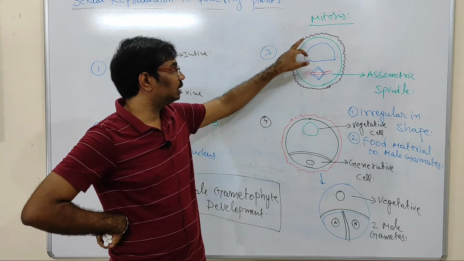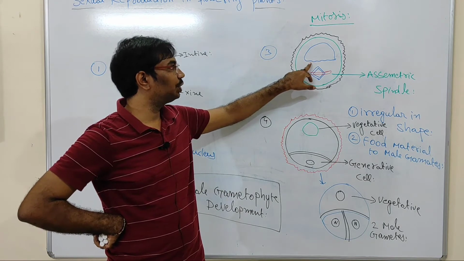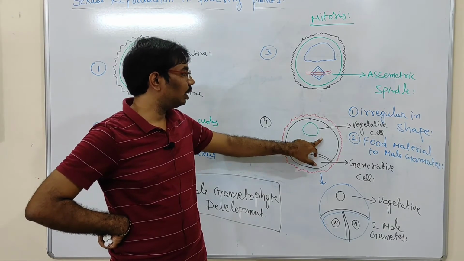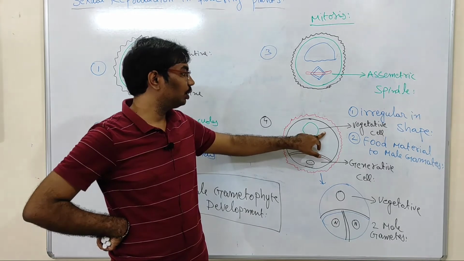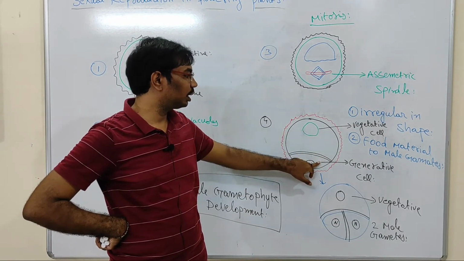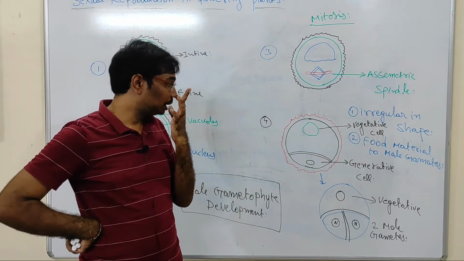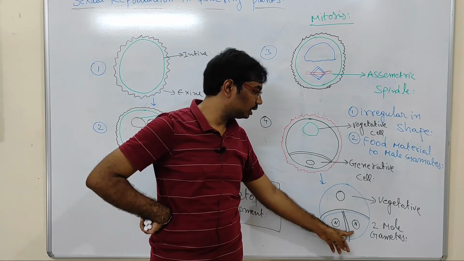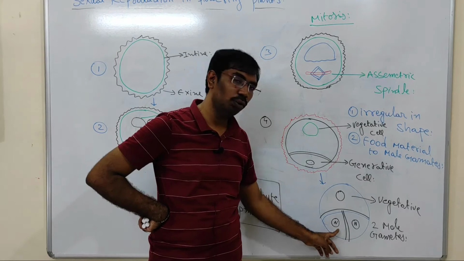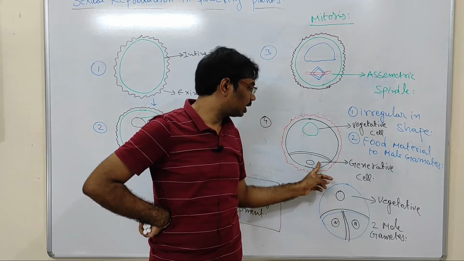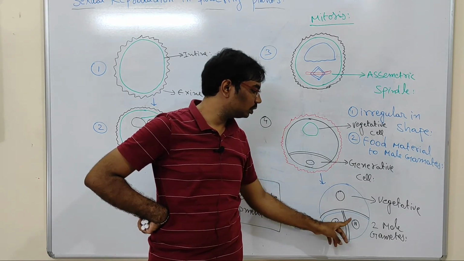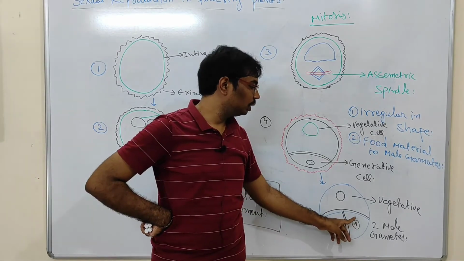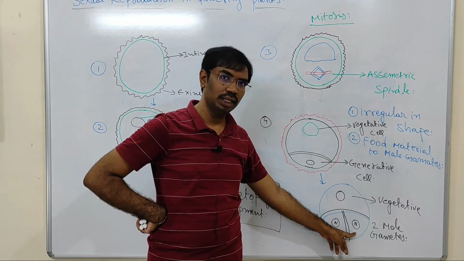One mitosis is responsible for the formation of the vegetative cell and generative cell. Another mitosis is responsible for the formation of two male gametes. The generative cell divides and produces the two male gametes, so each pollen grain contains two male gametes.